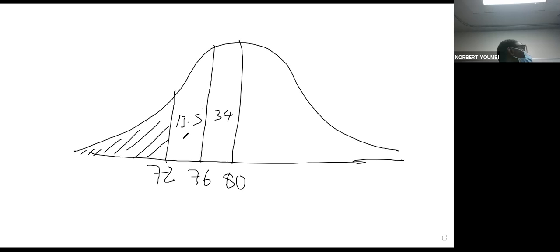Half of it is 50%. So 50 minus 47.5 is 2.5%. It's true that we know that within 3, you have 2.35 here, but we say below. Is that good?